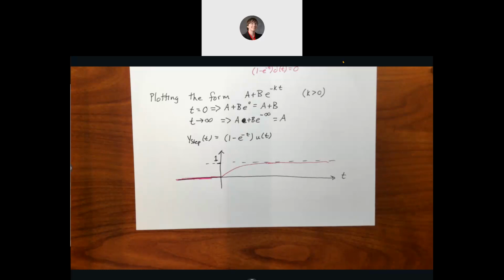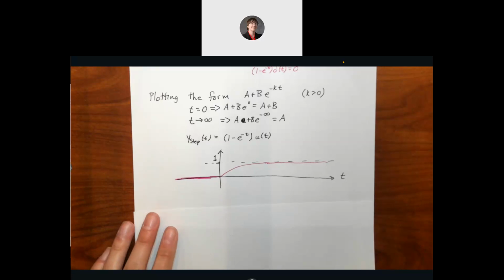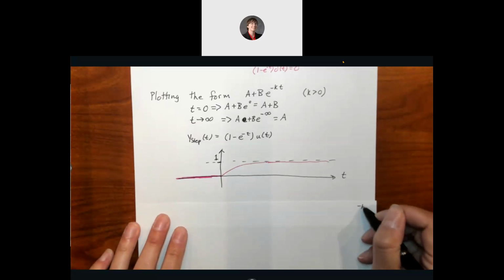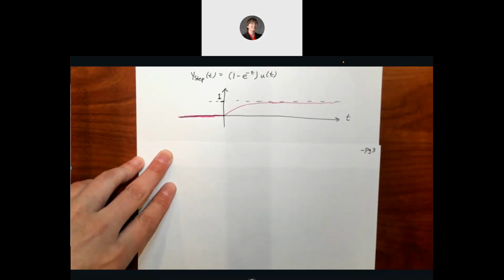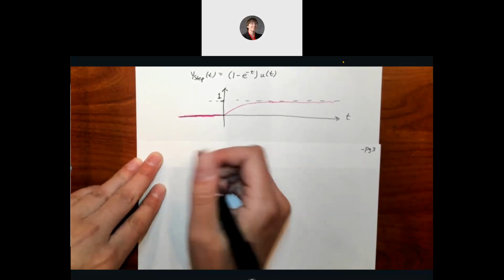So the real power of these LTI systems is that solving these ODEs is probably a little bit annoying when we're doing something like this. But for this case, it wasn't too bad. We had just a simple u of t as the input.